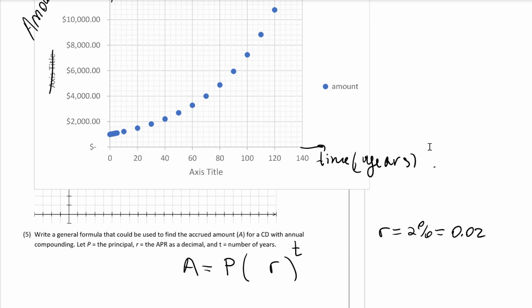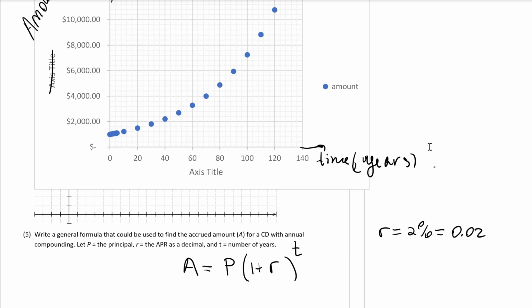Where's the 1? From the beginning of the semester, when we talked about percentages, if you want to do a percent increase, you do 1 plus whatever the rate is. So I'm reminding you of this again. It also works when we are writing the formulas. So that would be the correct model.